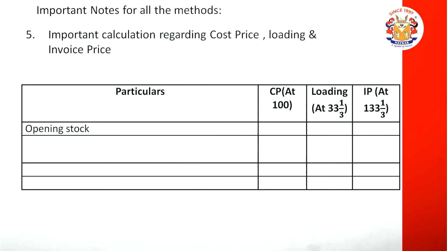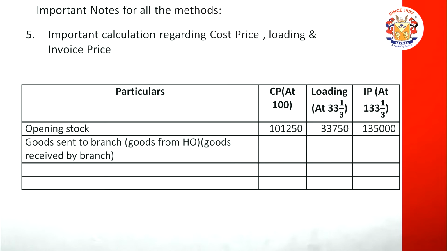Opening stock means opening branch stock. In the question, it is given that opening branch stock equals 1,35,000 at invoice price. So at 133.33, 1,35,000. What about 100? So at cost, I can say 1,01,250. Sir, what about 33.33? Loading will be available regarding opening stock 33,750. Goods sent to branch.